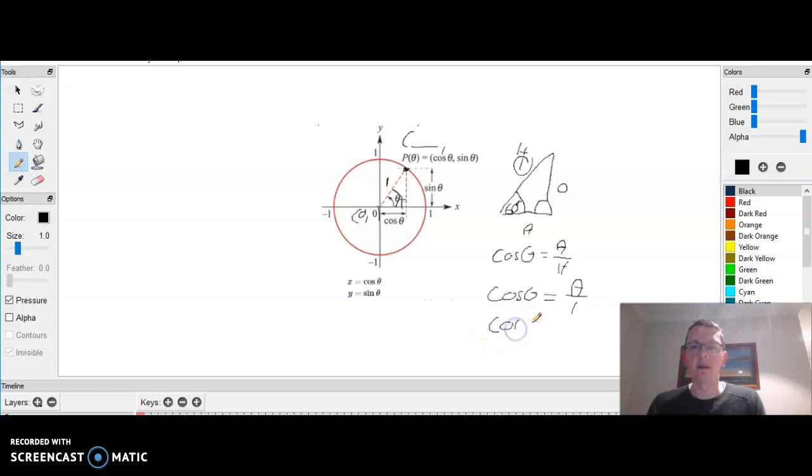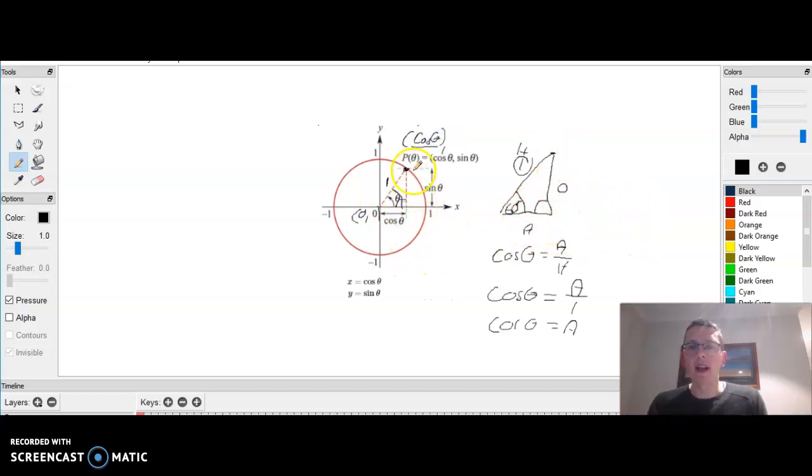So cos theta just equals the adjacent. Therefore, if I do cos of 60, that length will be the adjacent. That is that length. So it's going to tell me how long it is, which means that this point tells me the x coordinate. So I know that cos theta is going to give me the length left to right.